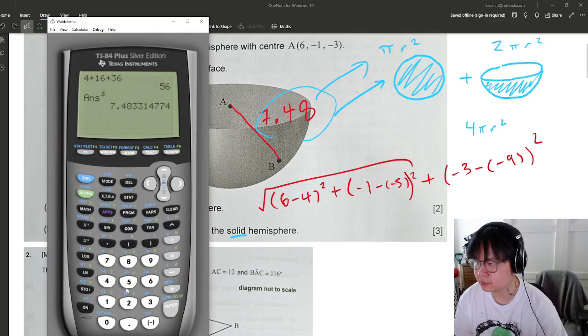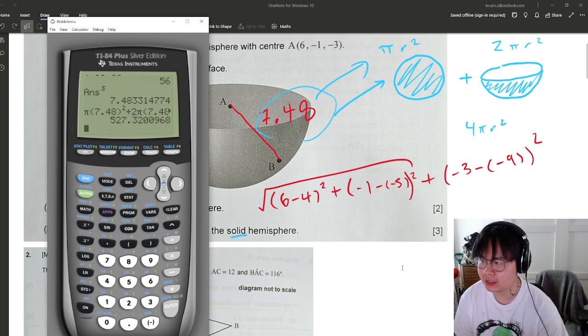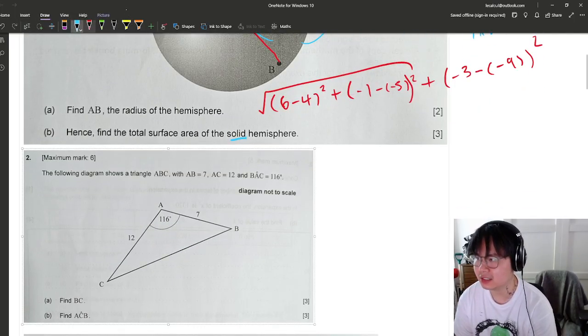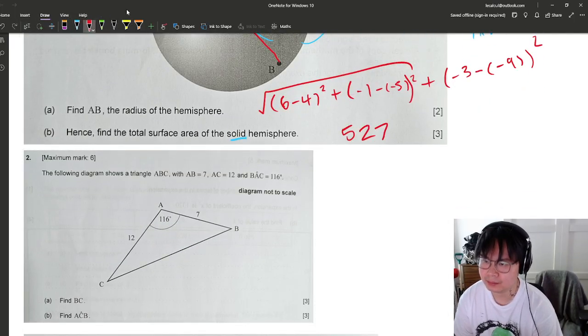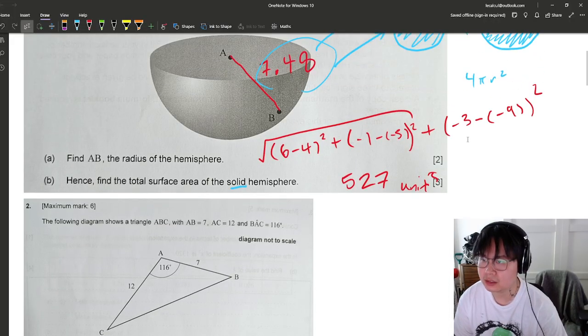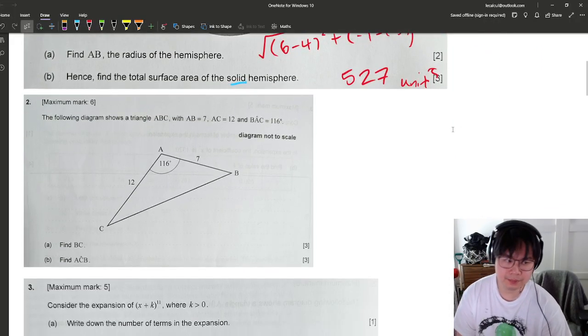Okay, so pi times 7.48 squared plus 2 pi times 7.48 squared. So 527. 527? 3 significant figures, right? Units squared.